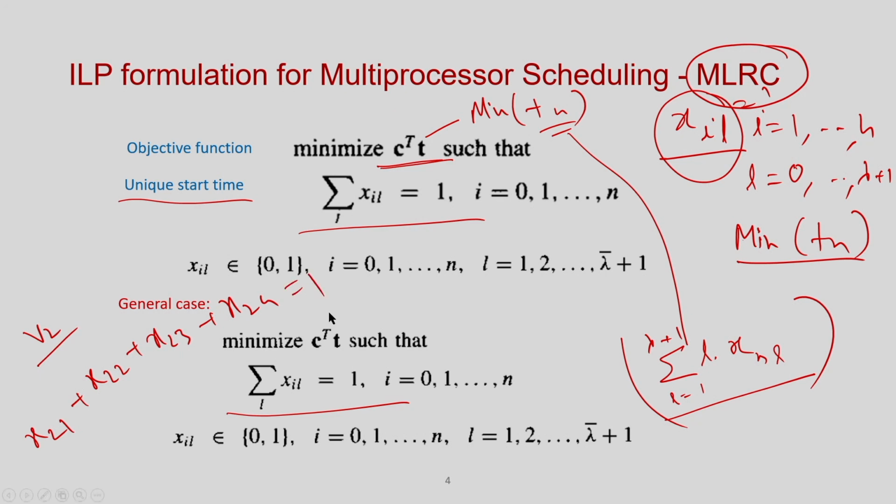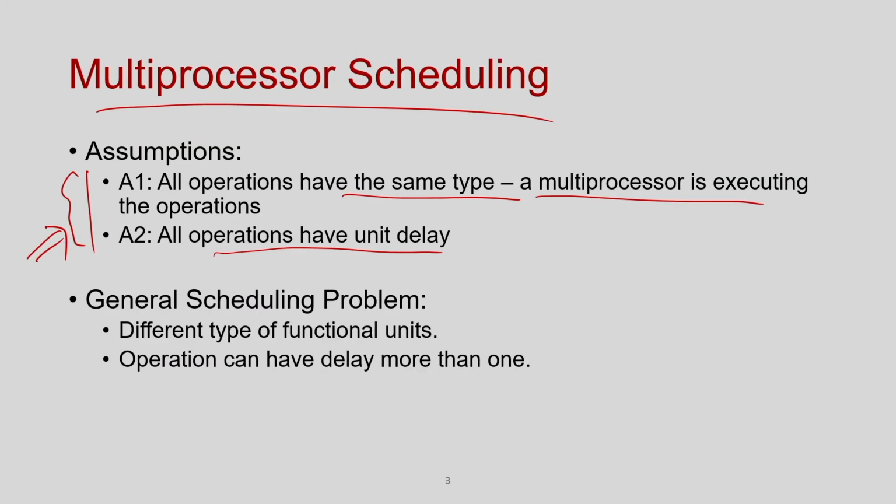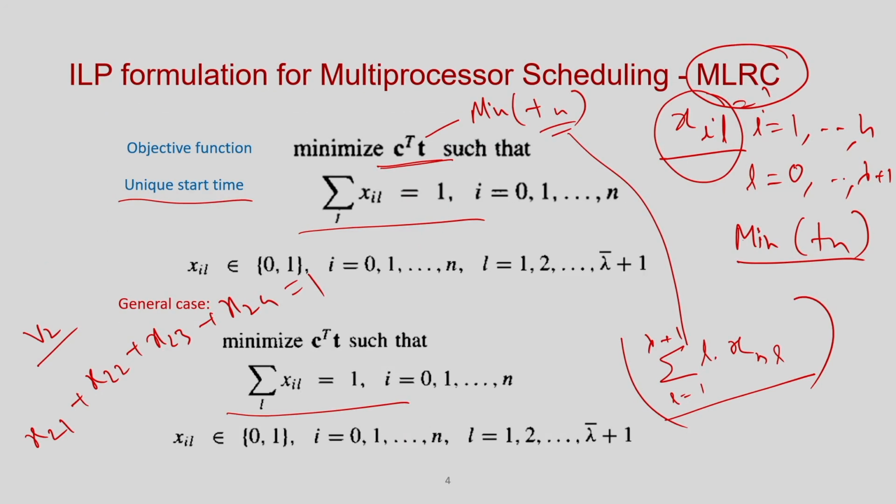That means it can only be scheduled in one timestamp. For these two assumptions, that does not change anything. So the two assumptions, that all operations are of the same type and operations have unit delay, have no impact on this constraint.